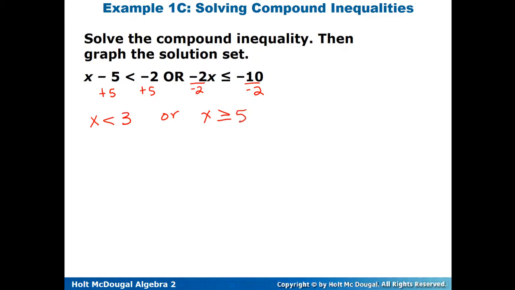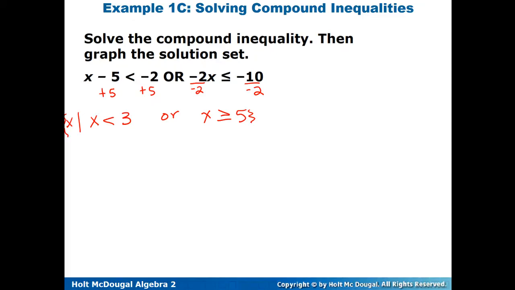So our solution set would say is the set of all the points that satisfy x such that x is less than 3 or x is greater than or equal to 5. And we'll put our little brackets around it, and there you go.